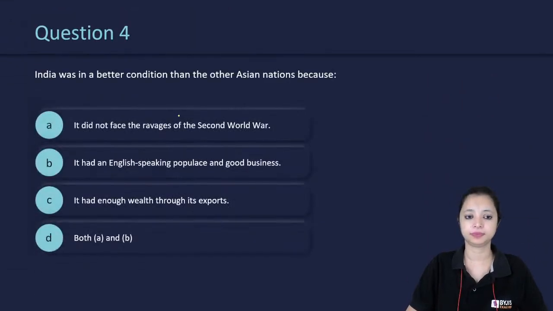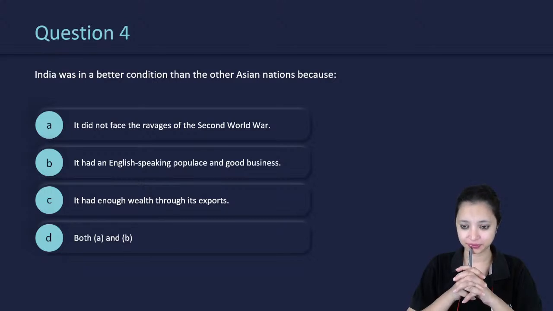Question number 4. I just showed you the answer. The same paragraph had the answer that I had highlighted. Ashutosh, you know the answer.